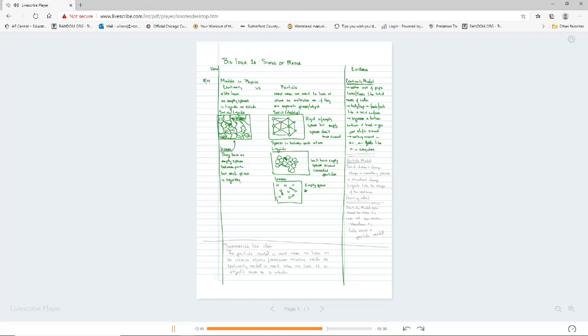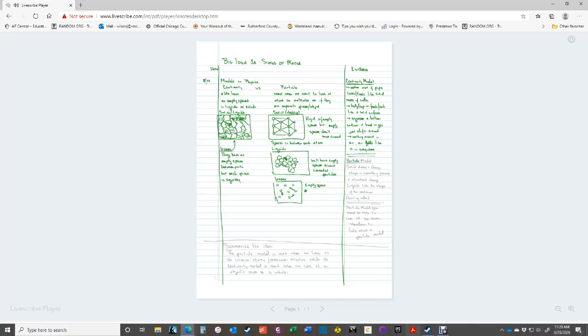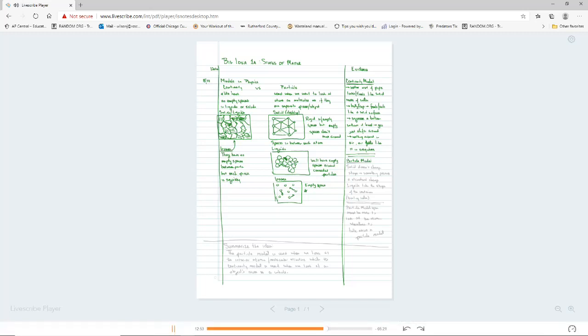Now, what is the evidence that we would have for the particle model? Well, most of the evidence for the particle model comes from chemistry. And so when we look at chemistry, when we zoom in, in the particle model, a solid does not change shape. So it feels like there must be something holding it, something that prevents a structural change.